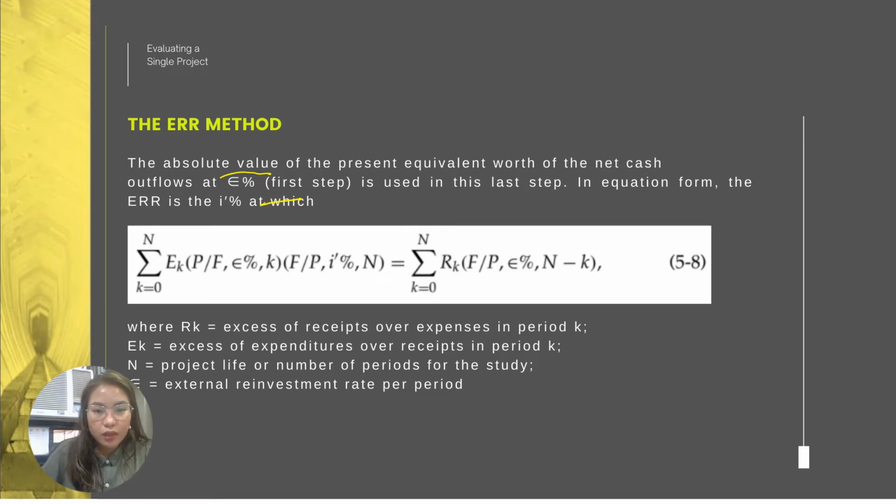In equation form, the ERR is the I% in this equation, where R_K is the excess of receipts over expenses in period K, E_K is the excess of expenditures over receipts in period K, N is the project life or number of periods for the study, and this E is the external reinvestment rate per period.